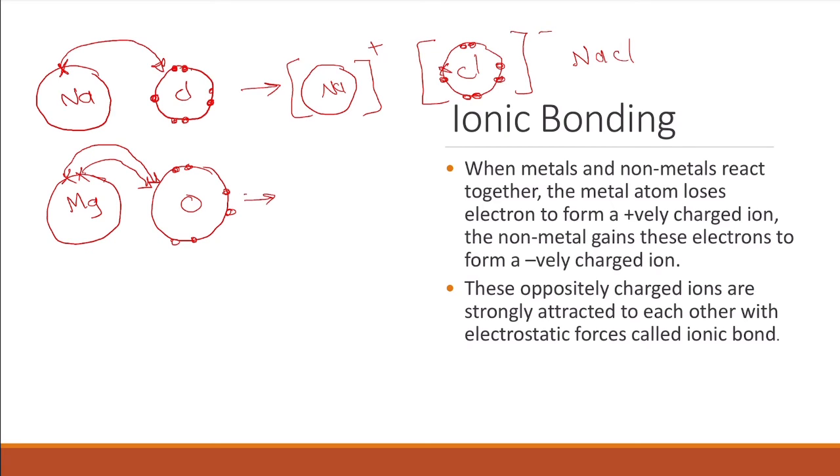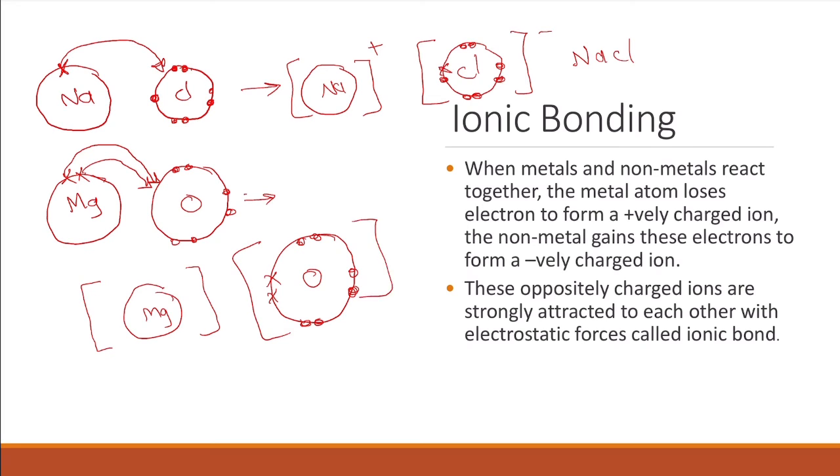So now we have 2 ions, one for magnesium, with no electrons in the outer shell, and then the oxygen, which is going to have 6 electrons. So magnesium will form the 2 plus ion, oxygen will form the 2 minus ion, and then the electrostatic interaction between these two can lead to the formation of the ionic bonding.